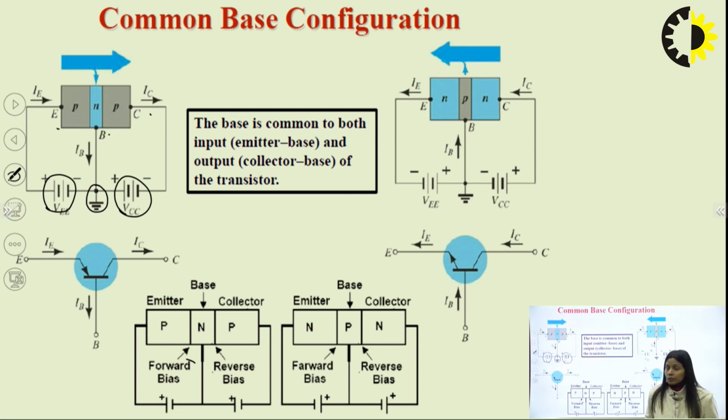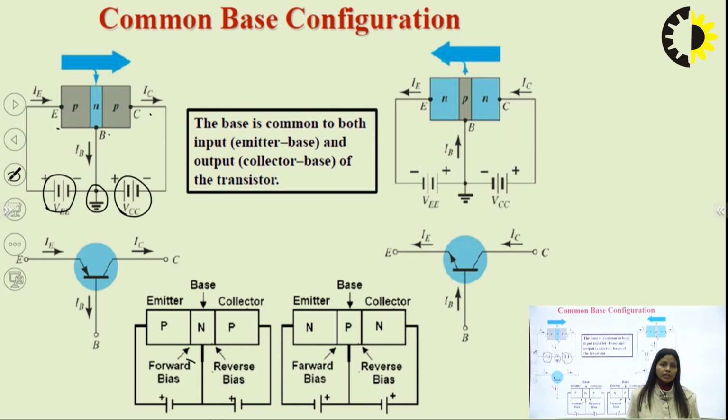For common base, common collector, or common emitter, there is a key point for understanding all the configurations. The emitter can be given both input and output.